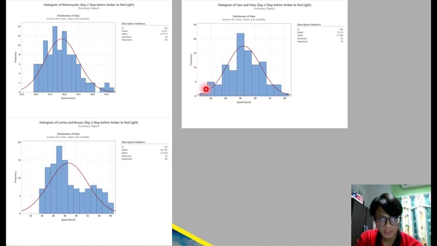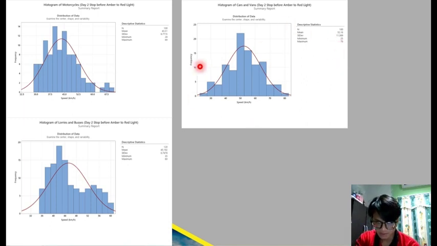And yeah, so let's consider an example of a histogram for cars and vans. We have collected 100 samples and calculated various statistics. The mean speed is determined to be 52.16, with a minimum speed of 25 km per hour and a maximum speed of 78 km per hour.